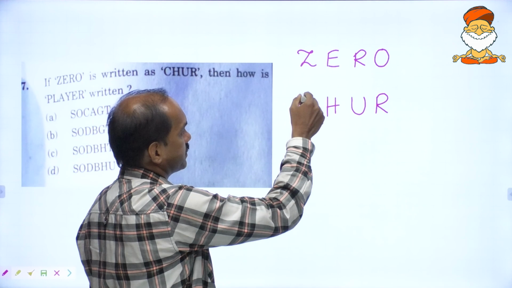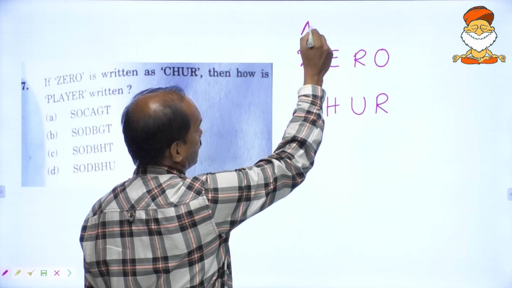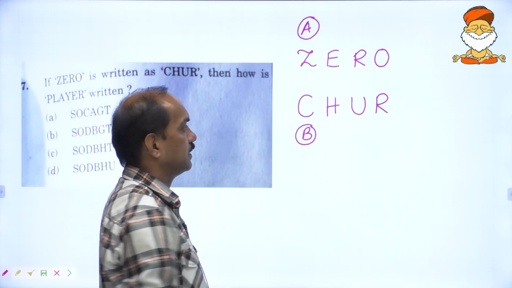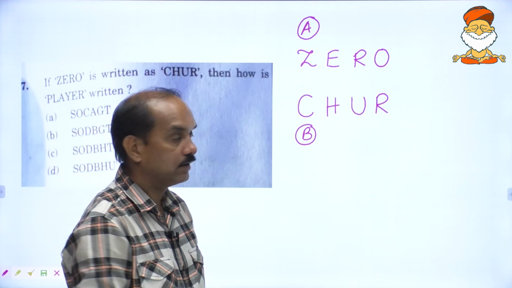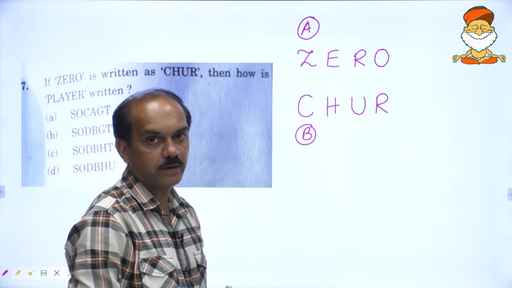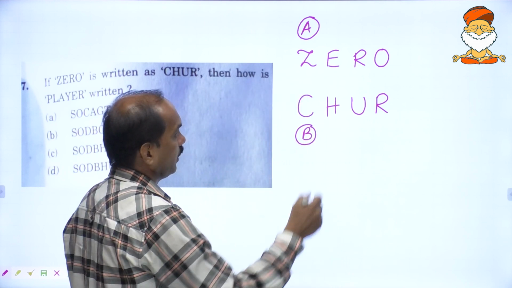Z has become C. He has dropped A, he has dropped B, and he has written C. After Z, A will come, then B, then C. Meaning he has jumped 2 alphabets in between.